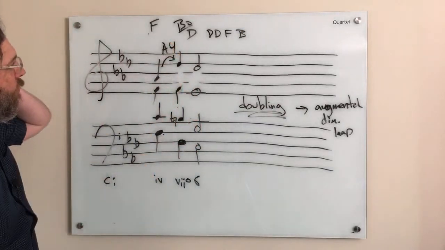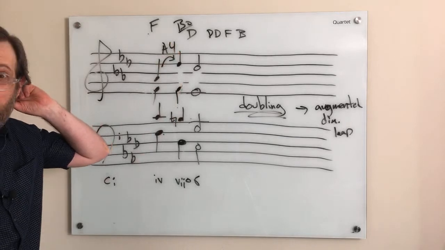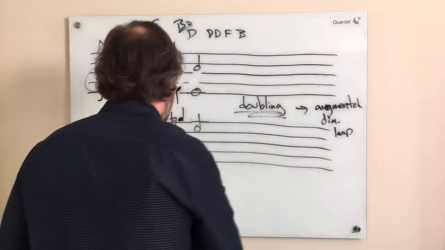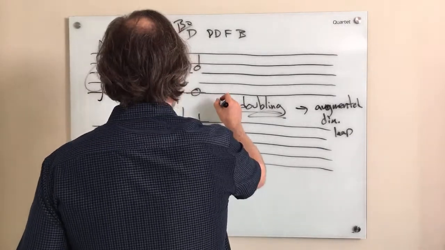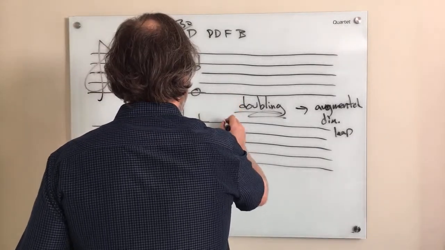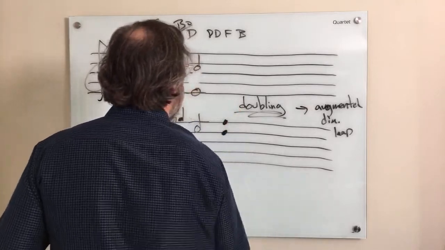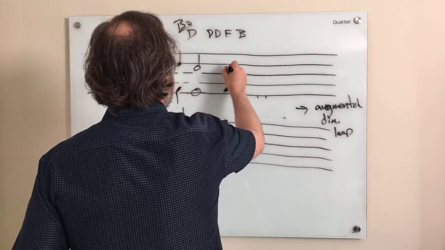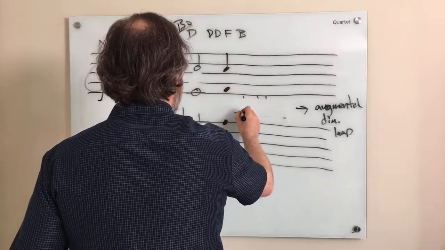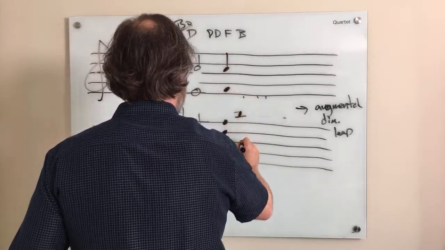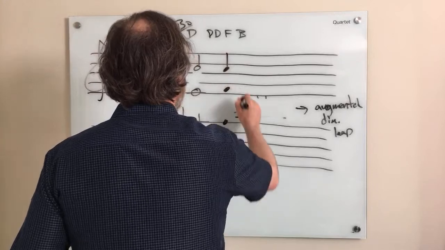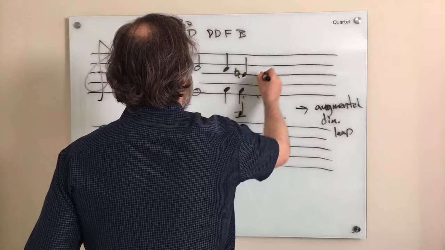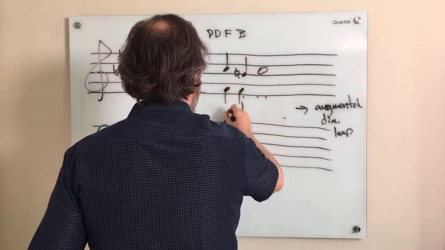You might, would you maybe find it in an inner voice, right? So would you disguise it? So instead of having it voiced like that, could you say, maybe put F, A flat here, then F, C, then have this jump up to the D here. This goes down to the D. This stays on the F. This goes to the B natural. And then you can go to C.